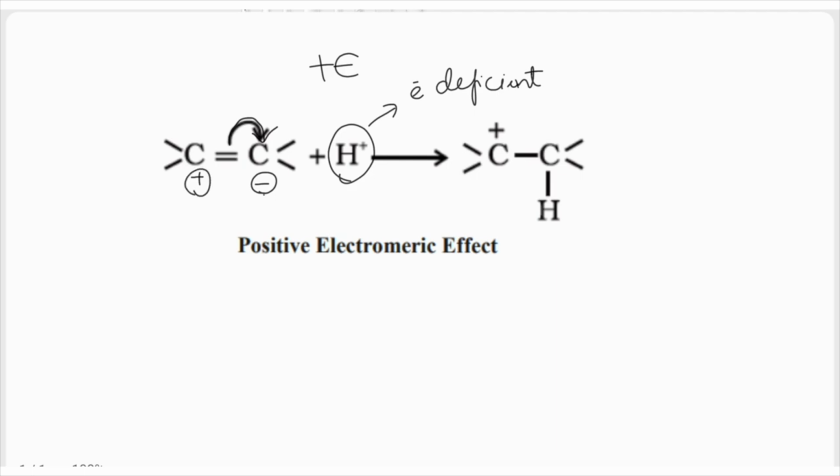This negative charge will attack the H plus ion, resulting in hydrogen attaching at the second carbon. This is the positive electromeric effect created because of the electrophile, and it will disappear after the removal of the H plus ion.